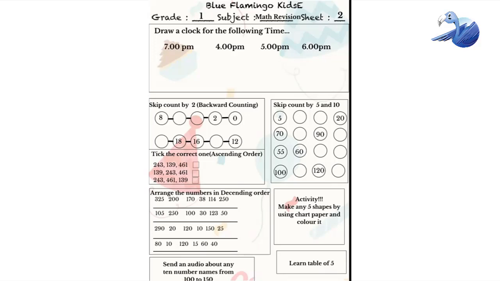Next is 5 p.m. That means the small hand of the clock is on 5 and the big hand of the clock is on 12.